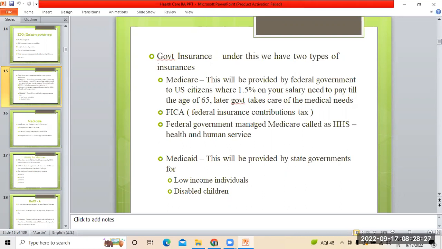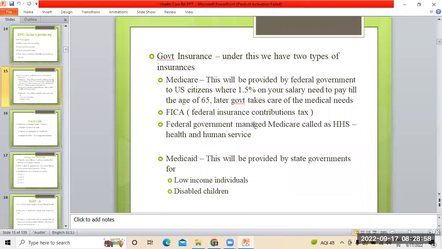At the same time, if any child below the age of 14 has applied for insurance, insurance companies don't have the right to reject the request for whatsoever reason, such as being diagnosed with something or whatever it was.